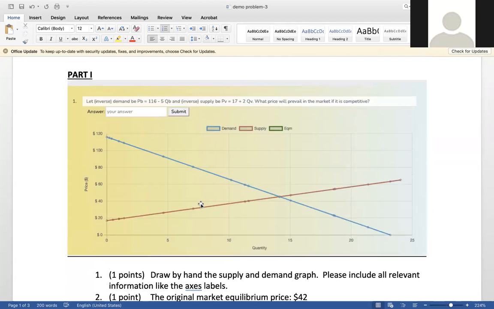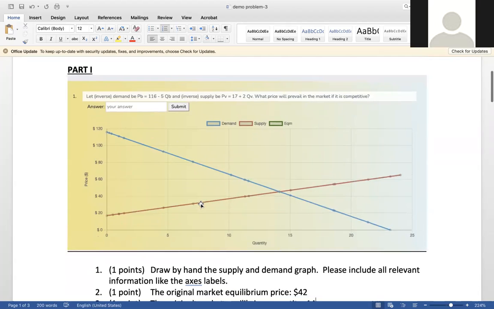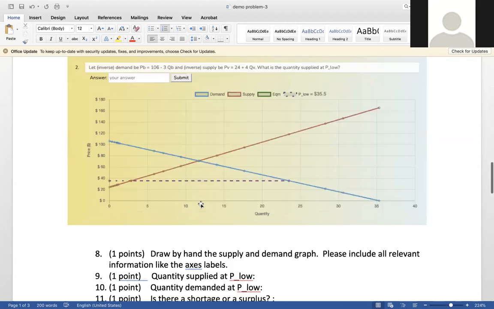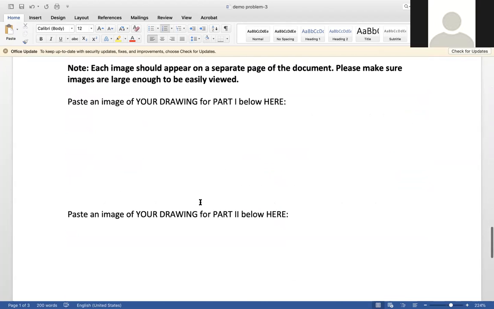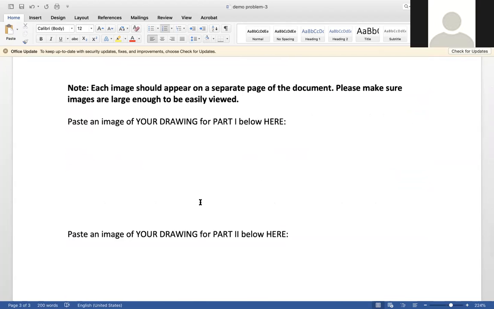This is just a pure tactile exercise. Though I will tell you that once you draw your graph, you want to take a picture with your phone and then paste it into this Word document.